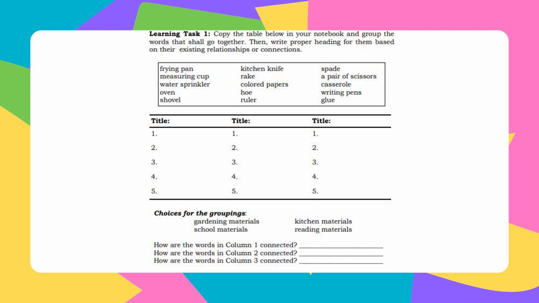So we have water sprinkler, shovel, and so on. So you're going to put it in the title for gardening materials. Then put the words that suit the gardening materials.